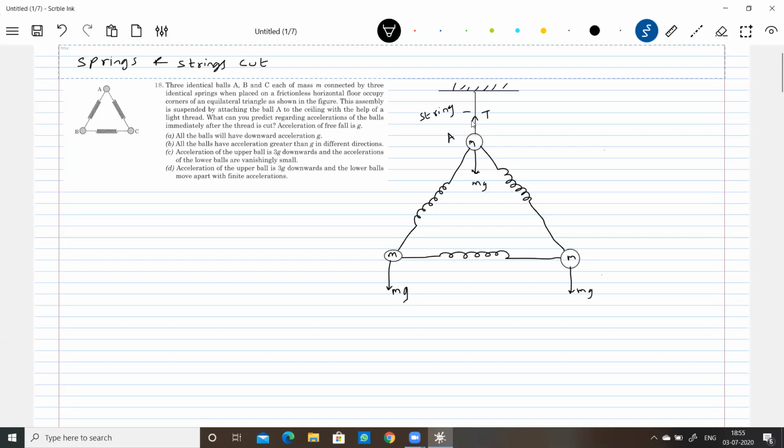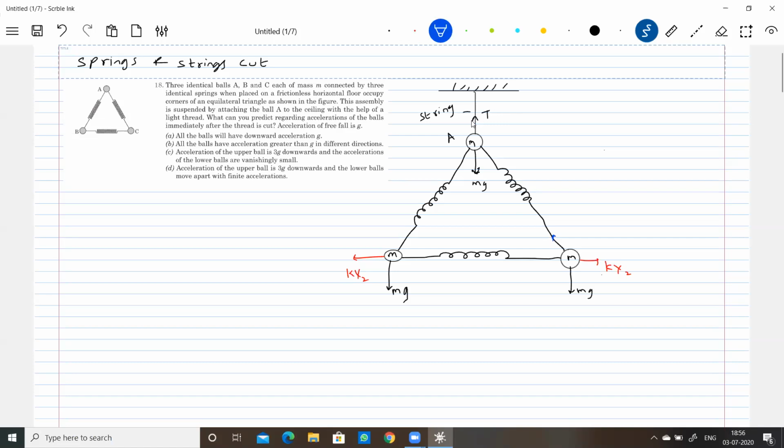Okay, now, let's see. Here I'll show the spring forces like this. This will be the compression, let it be Kx2. And this is being elongated.